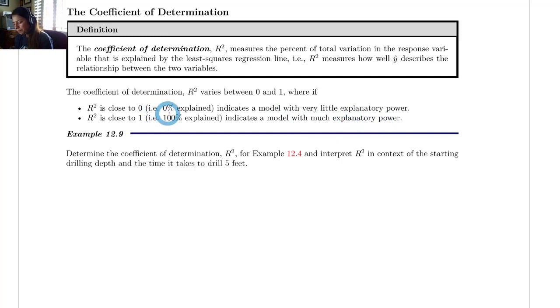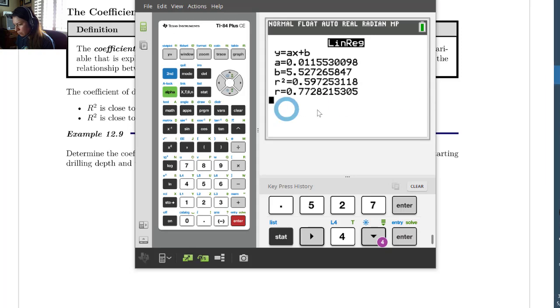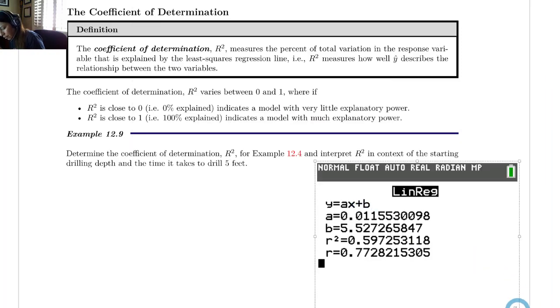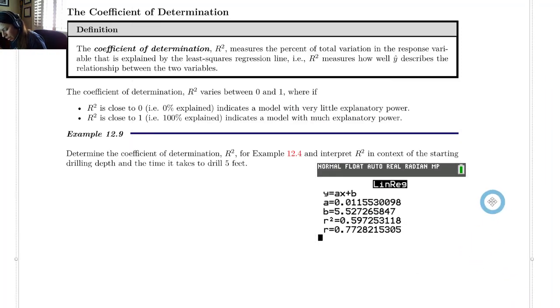So if I grab from the calculator again, this from the drilling model, here's the r squared. If I went to the calculator and squared the r, you would get 0.597.